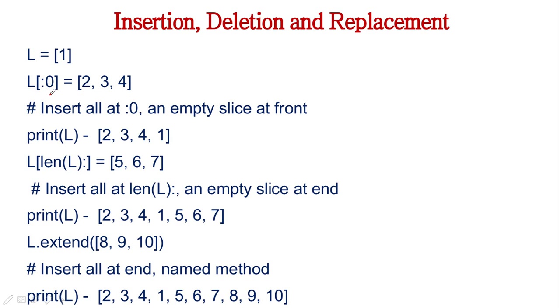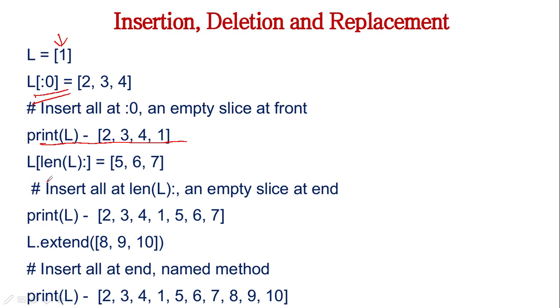And this also you can do. You can give colon 0, insert at 0, right? So you are going to keep all the elements before this one. So when I give colon 0, you will see that the list becomes all the elements before, that is 2, 3, 4 before 1.